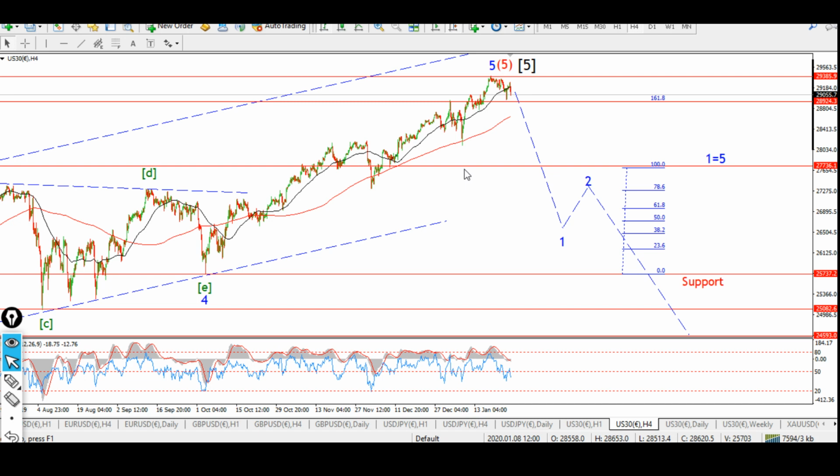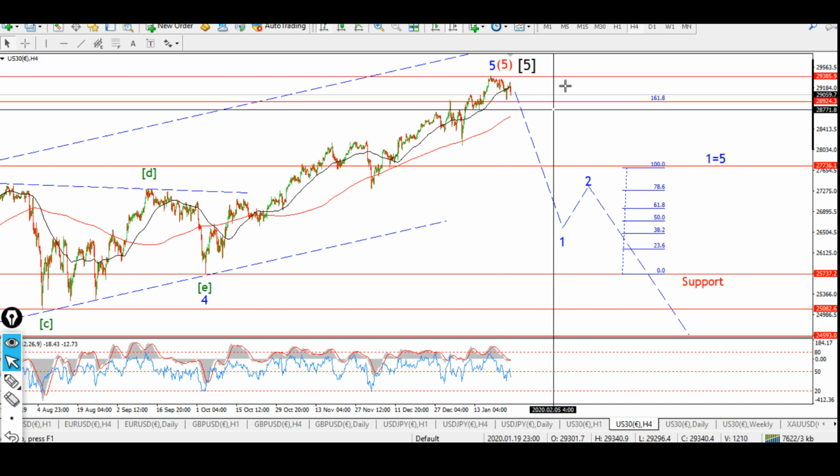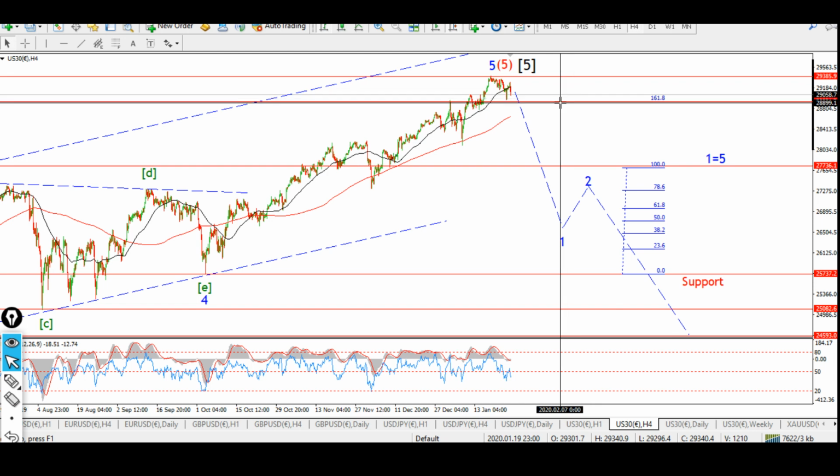Just wait for an impulsive pattern down to trace itself out, and if we get that, then we can start looking for that inevitable corrective lower high to work down into a third wave.